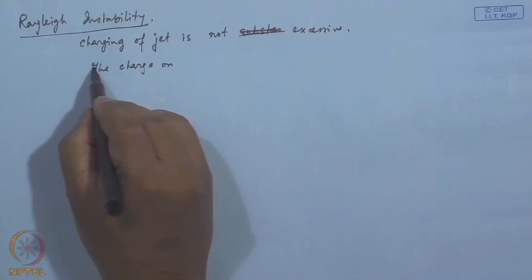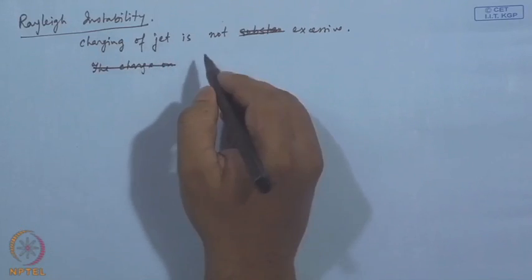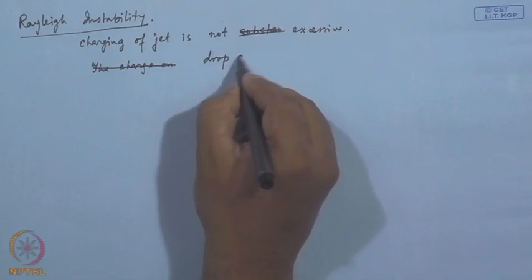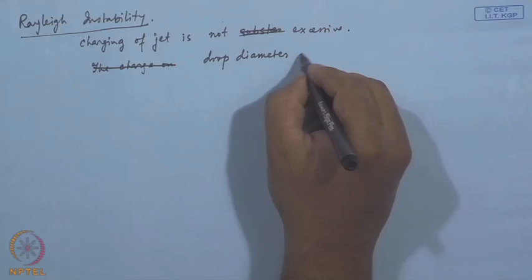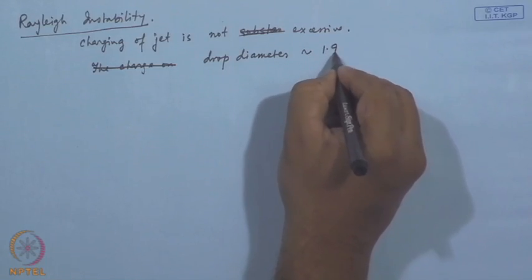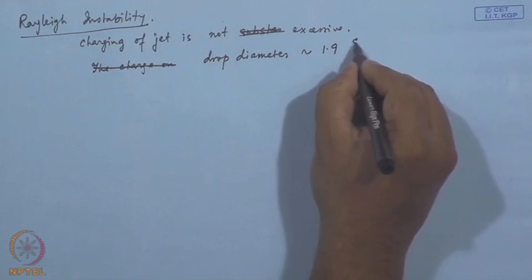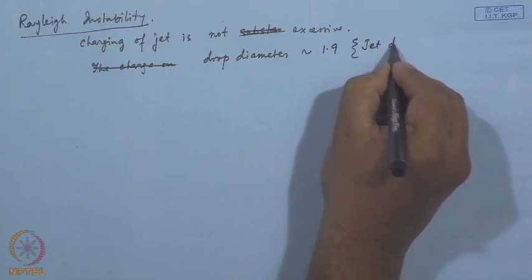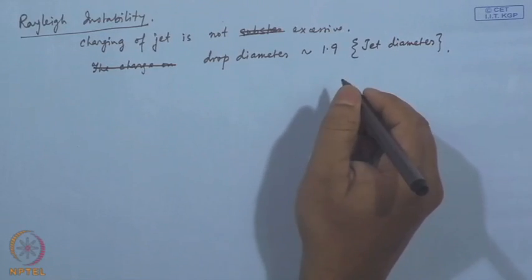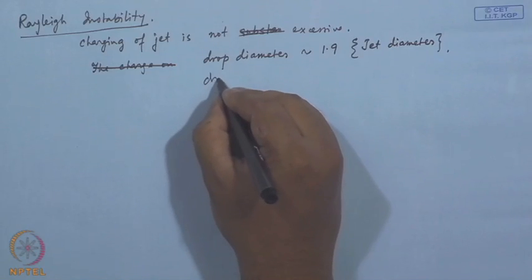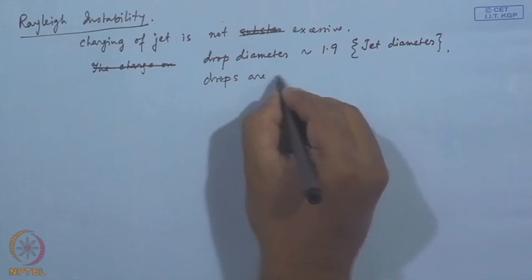Here, in this type of instability, the drop diameter is close to 1.9 times the jet diameter, and drops are monodisperse.